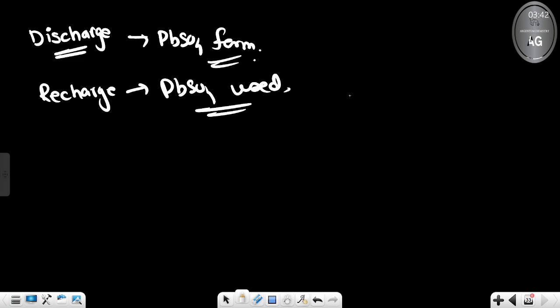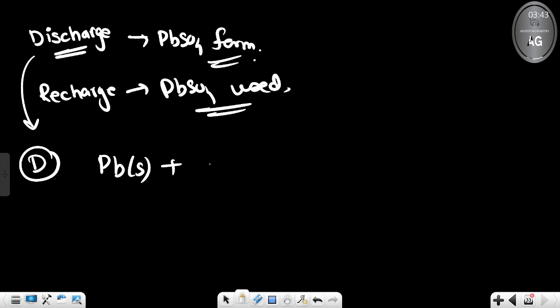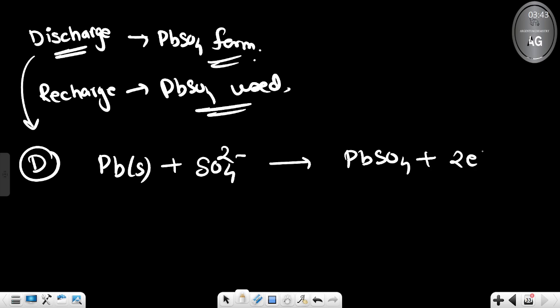If you remember one side of the equation, then the other side is very easy to remember, because it is just the opposite. So I am writing for discharge. This is for the anode, because the anode was only lead. Pb plus sulfate ions will form lead sulfate plus 2 electrons.